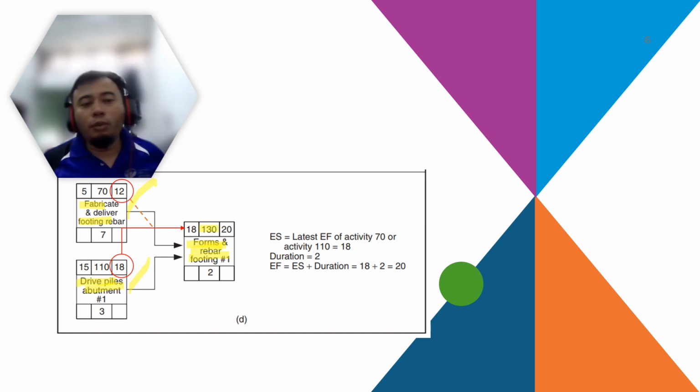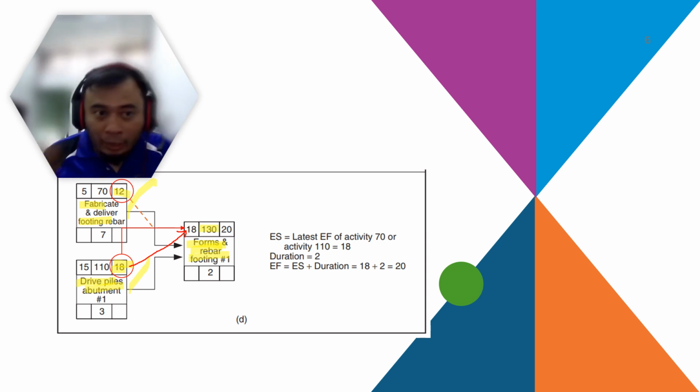activity 130. Because these two tasks have different earliest finish, day 12 and day 18, you need to take the latest finish, which is very logical. So in this example, you take day 18 as the reference EF, which we use as the earliest start for activity 130.